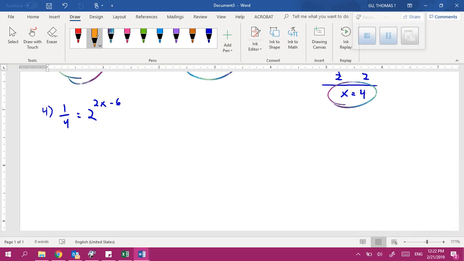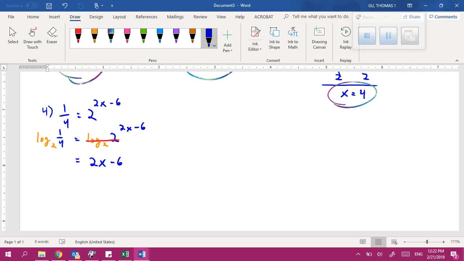Right, log base 2. So log base 2 of 1 over 4 equals log base 2 of 2 to the 2x minus 6. So on the right side now, the log base 2 of 2 would cancel out, right? Which leaves you with. And what is log base 2 of 1/4?